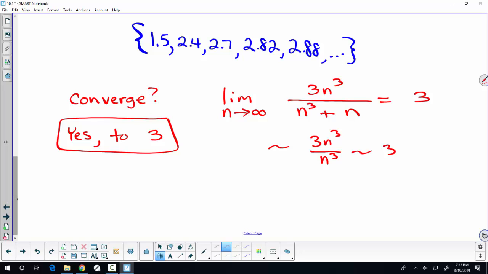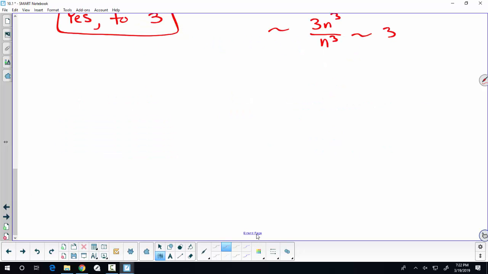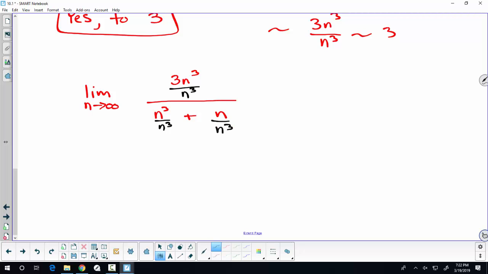Maybe it's a good place to remind you that when we compute limits at infinity on quotients, the general approach is to divide by the highest power in the denominator. As n goes to infinity, it's 3n cubed over n cubed plus n, and we're really dividing everything by n cubed. The same logic applies to exponentials as well.